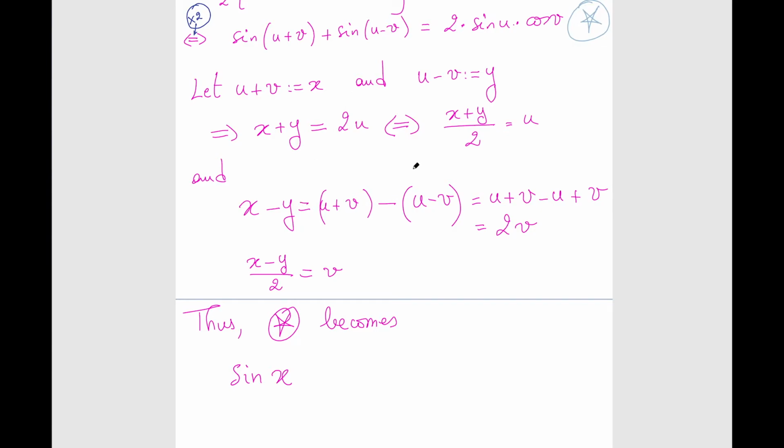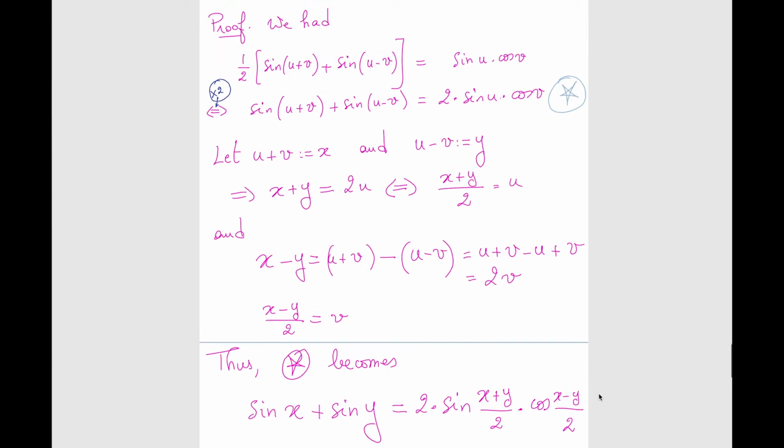It's y, right? So plus sine of y equals twice sine of u, and what's u? It's the sum of x and y over 2, times cosine of v, and v is x minus y over 2. So cosine of x minus y over 2.